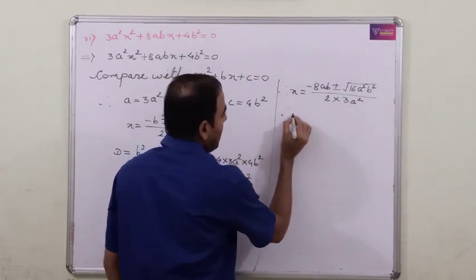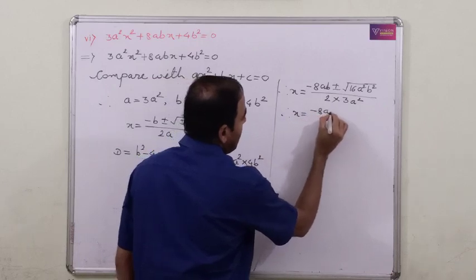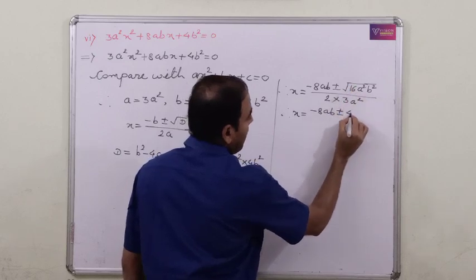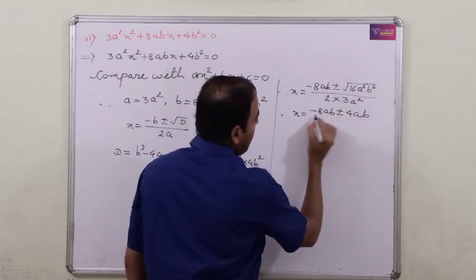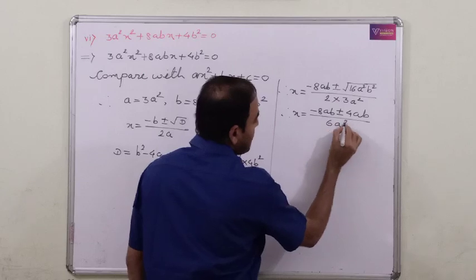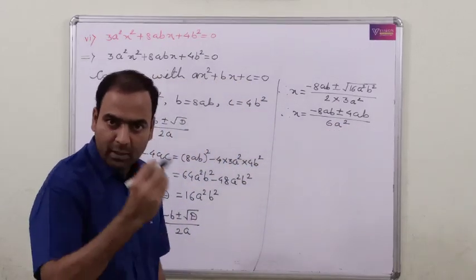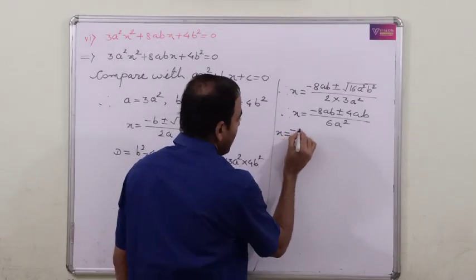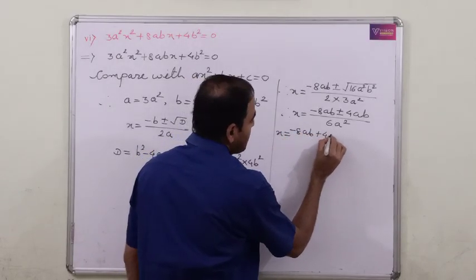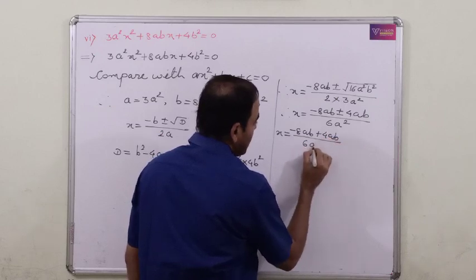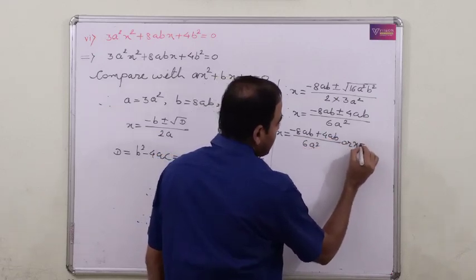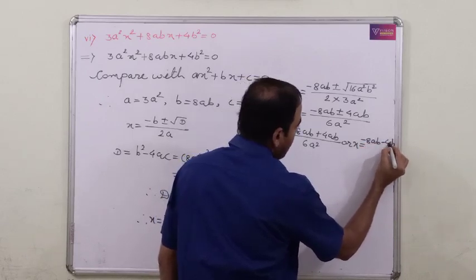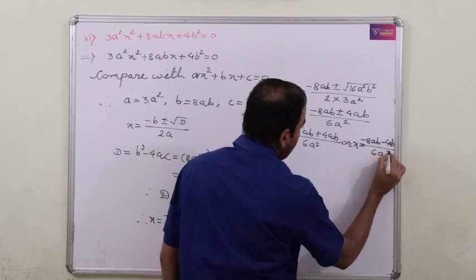Okay, so you get x is equals to minus 8ab plus or minus the root of 16 is 4, the root of a square b square is ab, upon 6a square. So first time we take the positive, second time the negative. So x is equals to minus 8ab plus 4ab upon 6a square, or x is equals to minus 8ab minus 4ab upon 6a square.